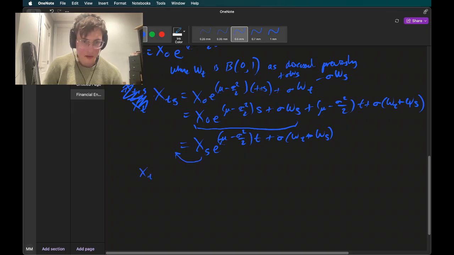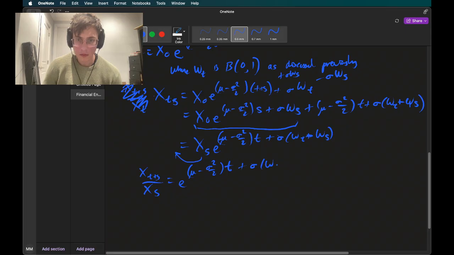So we end up with X_{t+s} over X_s is e to the (mu minus sigma squared over 2) multiplied by t plus sigma multiplied by (W_{t+s} minus W_s).